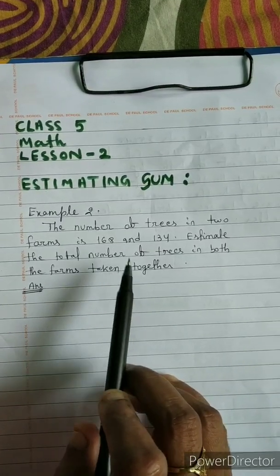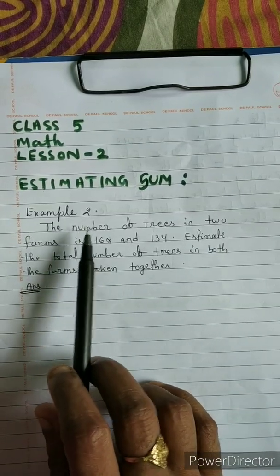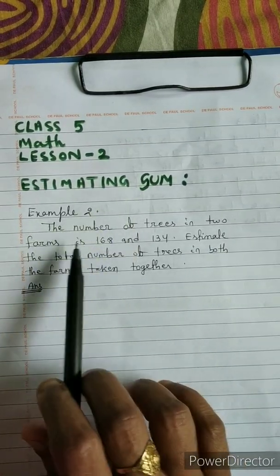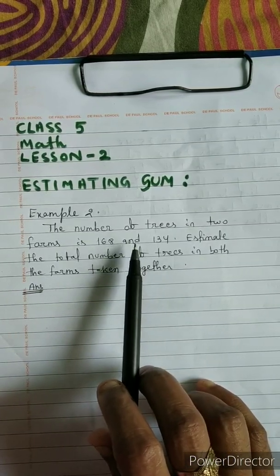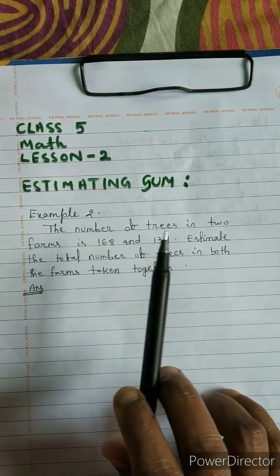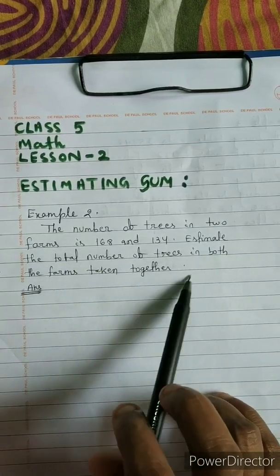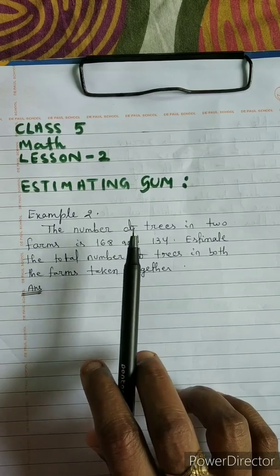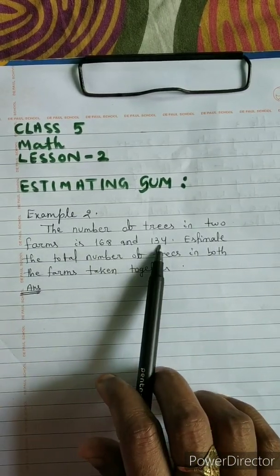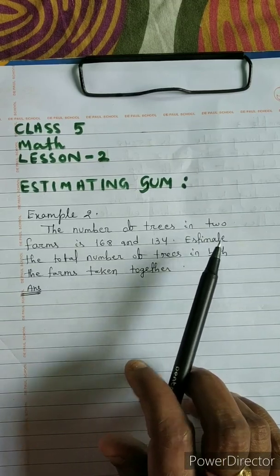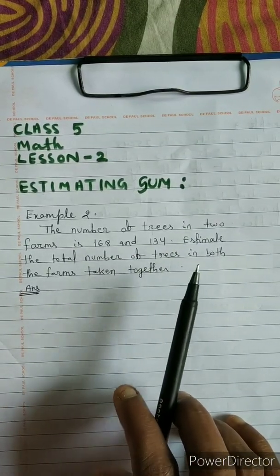So children, before I do that, I will just clarify one thing. When a word problem in estimating is there, if it is not given to round off to the nearest 10, 100 or 1000, in this case a 2-digit number is always rounded to the nearest 10, a 3-digit number is always rounded to the nearest 100, and a 4-digit number is always rounded to the nearest 1000.